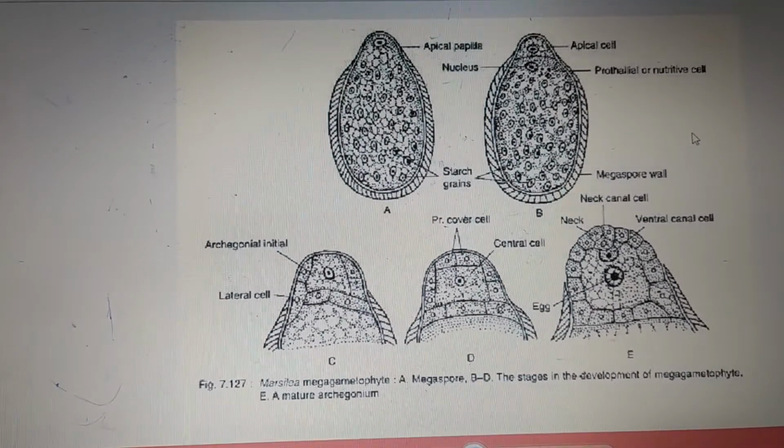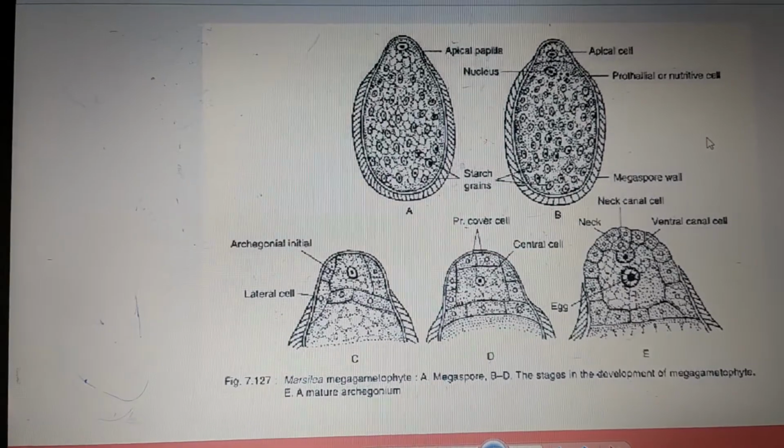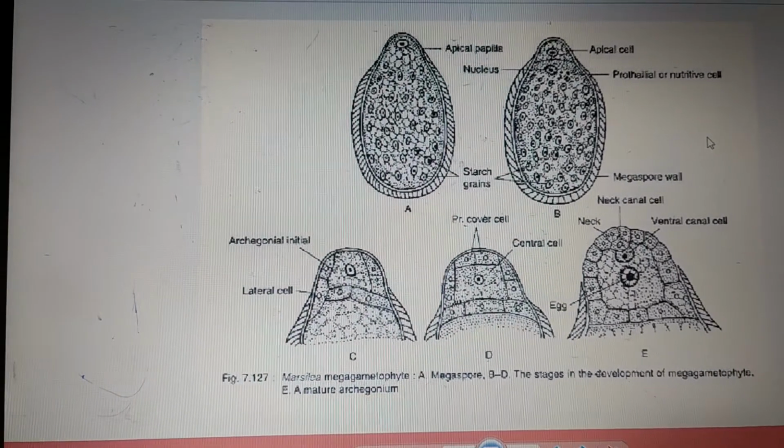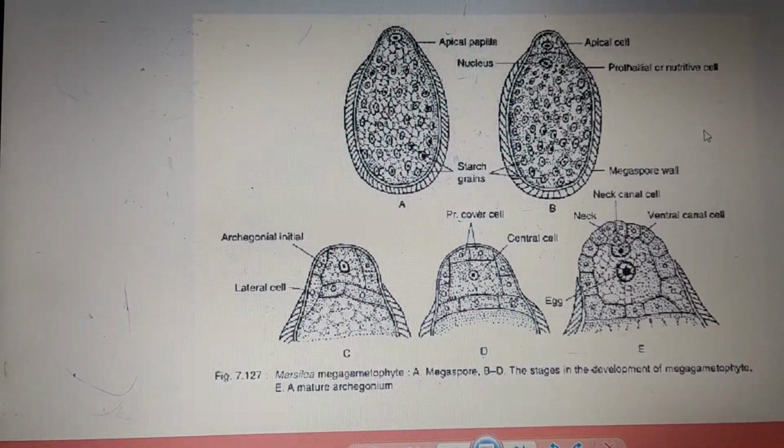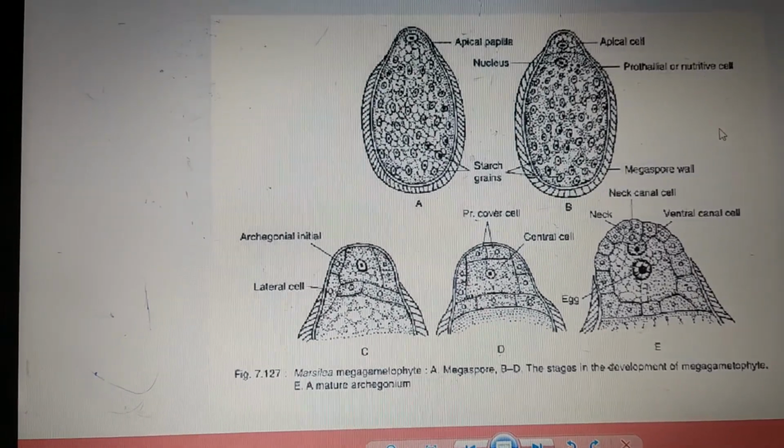Now, after maturation, the apical end of this neck is mucilaginous in nature. It is going to rupture, and the archegonium becomes exposed.